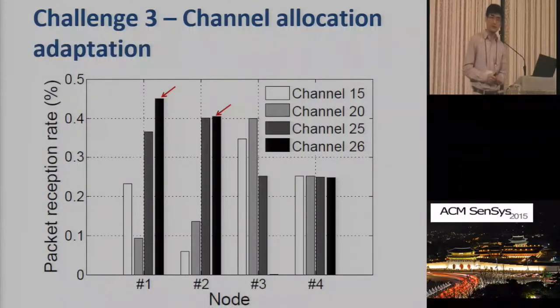The packet reception rate of channel 26 is very high at node 1 and node 2. However, its performance is almost 0 at node 3. So if a bad channel is allocated to some nodes, this node's performance is very low. It may hinder the fast pipeline for a long time.